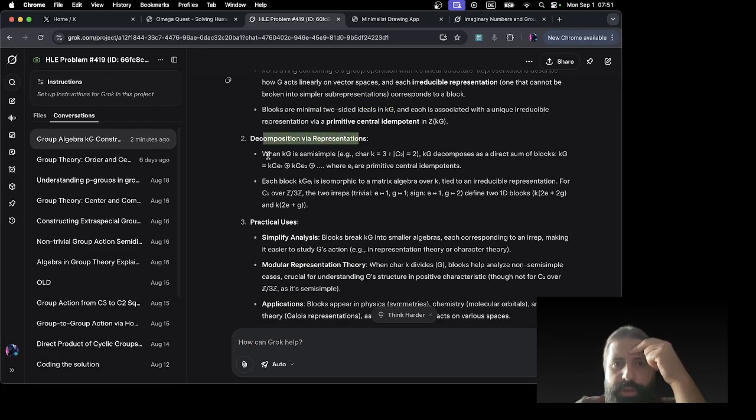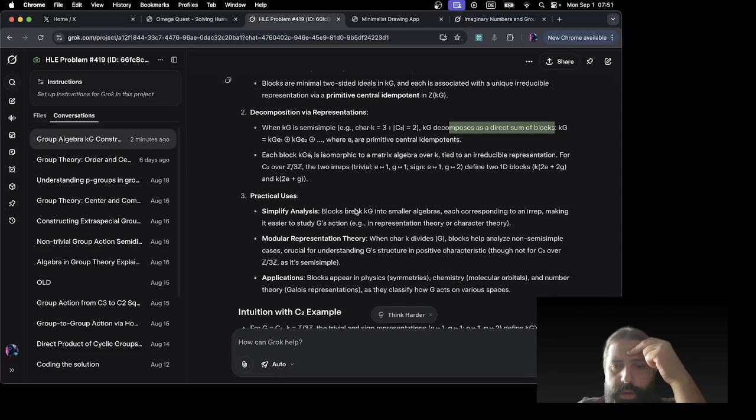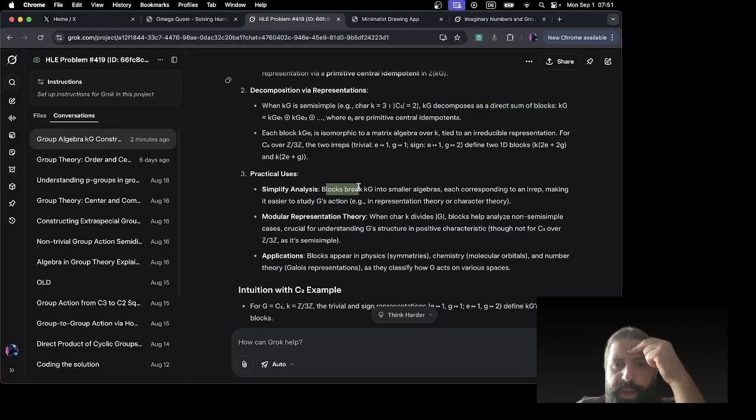Decomposing KG is semi-simple. KG decomposes as the direct sum of blocks. Blocks break KG into smaller algebras, making it easier to study. Symmetries.